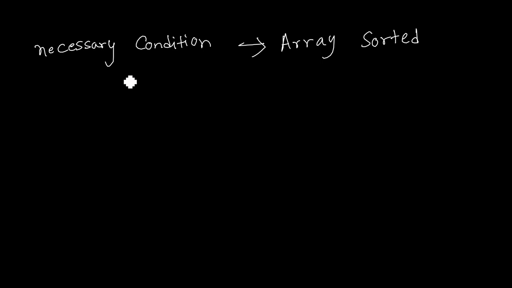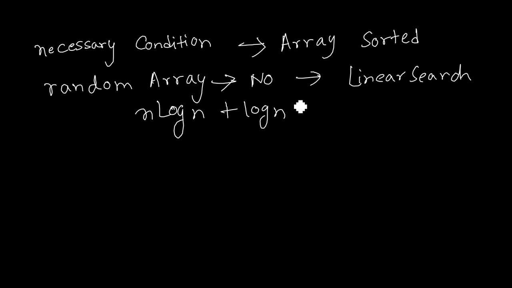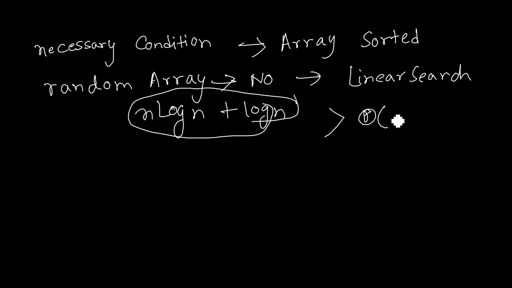Now if the array is not sorted, or we are given a random array, then should we go for binary search? Option is no. For random arrays we should always go for linear search, because we need to sort the array and then we can apply binary search, and sorting we know will take n log n, and then binary search will be log n. So this is more than log n, actually order of n time. So only whenever an array is sorted can we apply binary search.